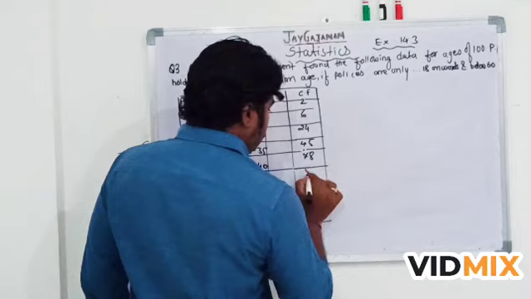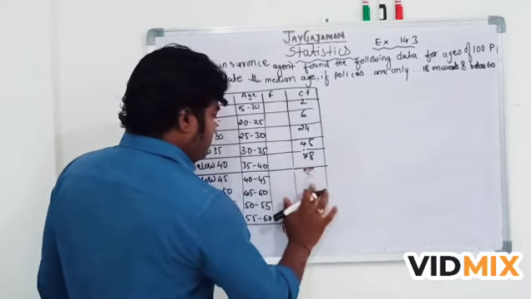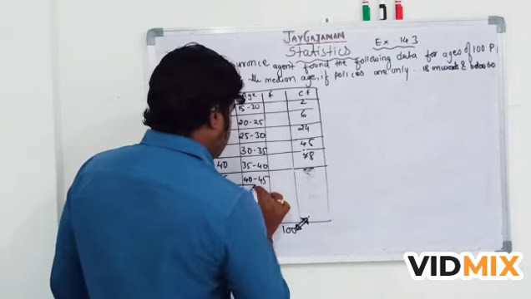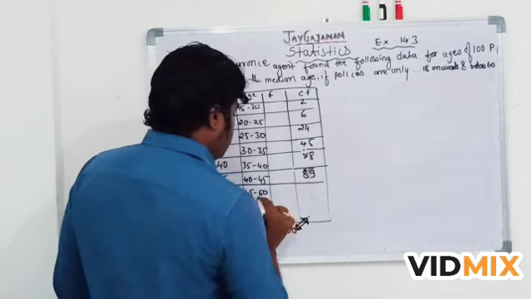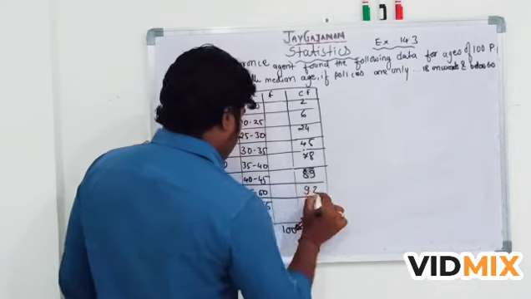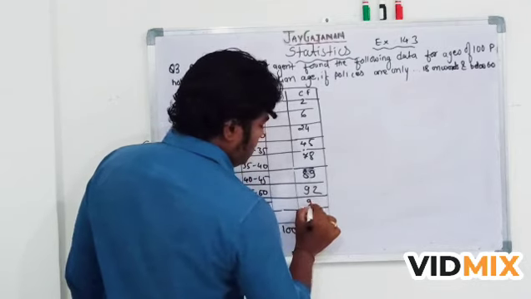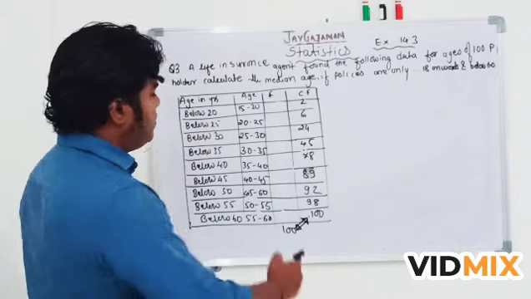This is 89. It's 92. This is 98, and this is 100. So now we can calculate it very properly.